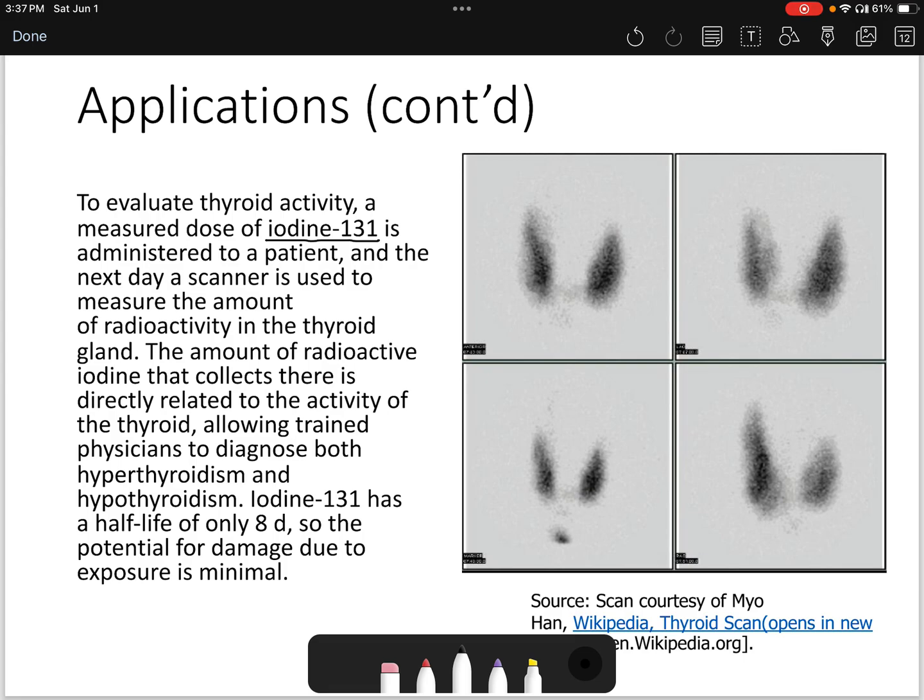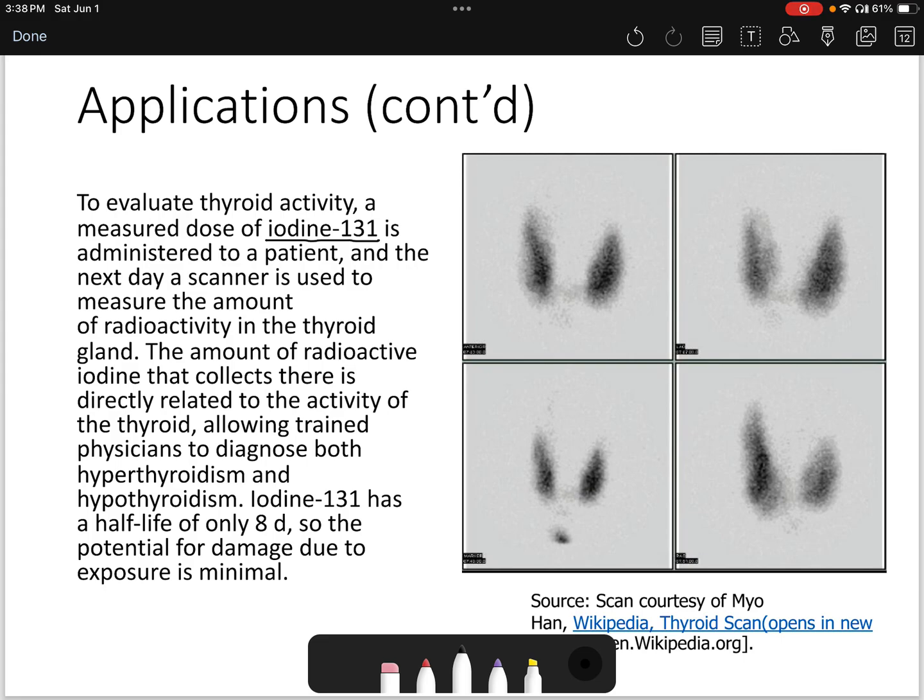So some people might have hypothyroidism, where their thyroid, again, isn't functioning properly. And typically, if you are hypothyroid, you're really tired and lethargic, and you can gain weight more easily. If you're hyperthyroid, then you actually tend to lose weight really quickly and at an alarming rate. So sometimes it's important to try to figure out what's going on in our thyroid.